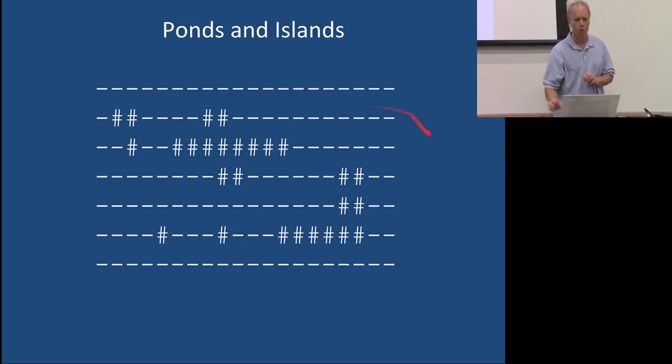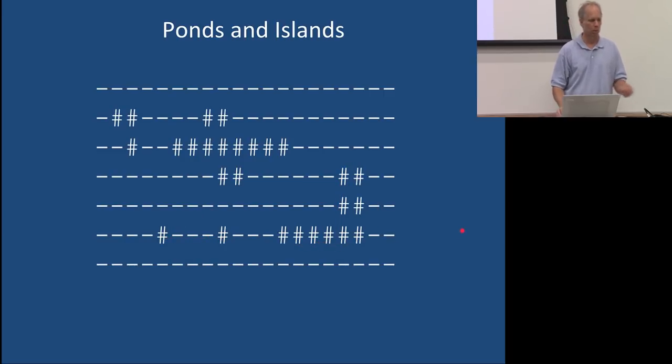And so the goal is to identify all the islands, basically count the islands, number the islands. And the way we'll do that is, in this one you see there are 5 islands. We've got this clump here, the big one, 2 small islands, and this guy here.